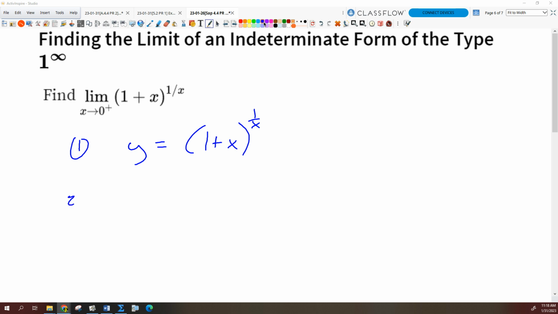So step 2, log y equals, how would this side simplify if I take the log? Okay, yeah, the log of a function to an exponent. Remember, I can bring the exponent out in front of the log. So we'd get 1 over x log of 1 plus x.